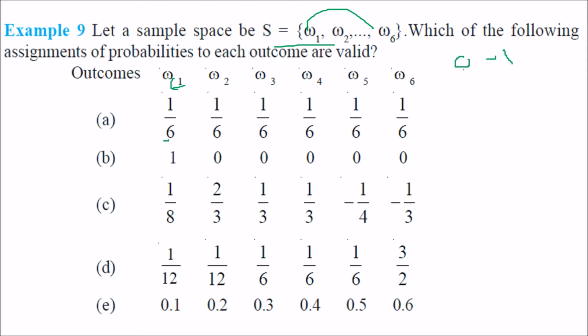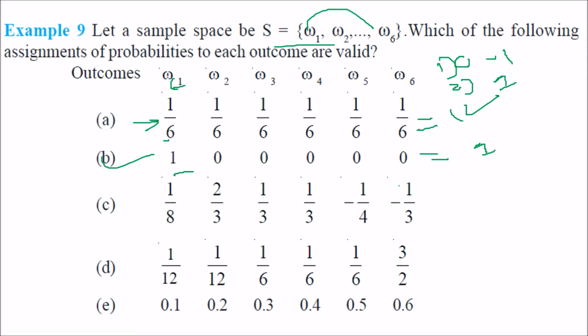We need to check this first. And the second thing is, if we add them all, it should give you 1. If you combine 1 by 6 six times, it will give you 1. So this is okay. All are between 0 and 1, inclusive, and if you combine them, it will give you 1. So it is also okay.